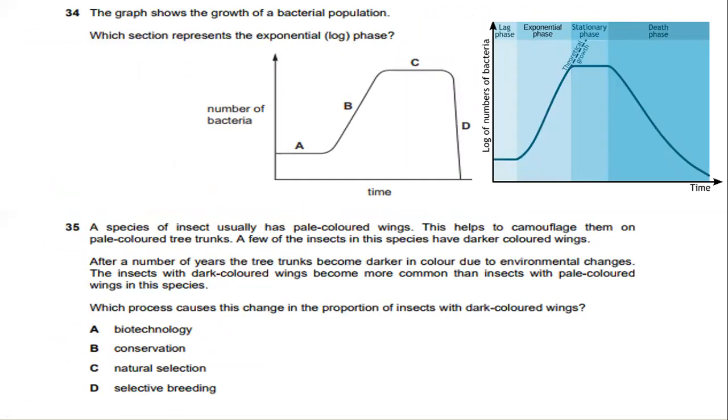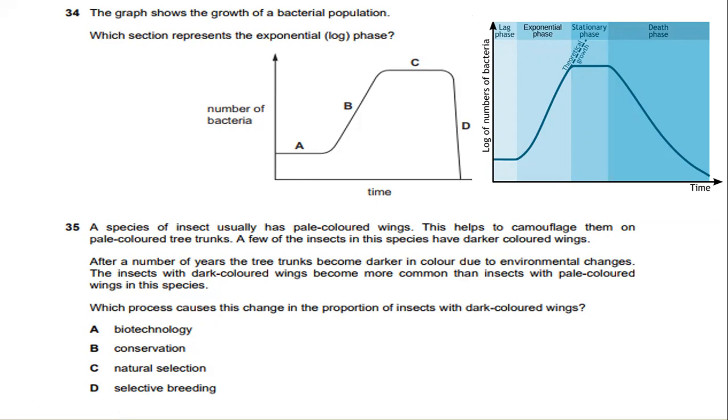Question number 34. The graph shows the growth of a bacterial population. Which section represents the exponential log phase? You have time on the x-axis, and the log of the number of bacteria on the y-axis. Bacteria are easy to grow in the lab.